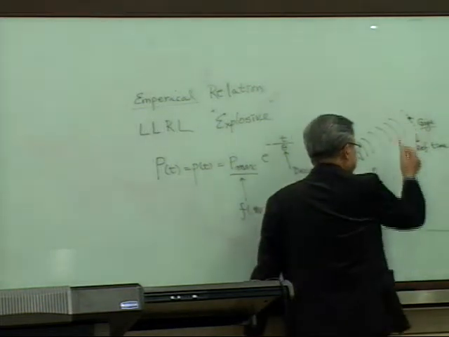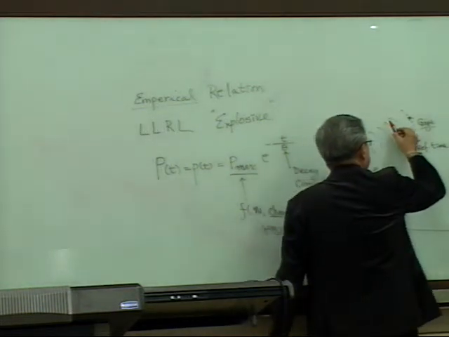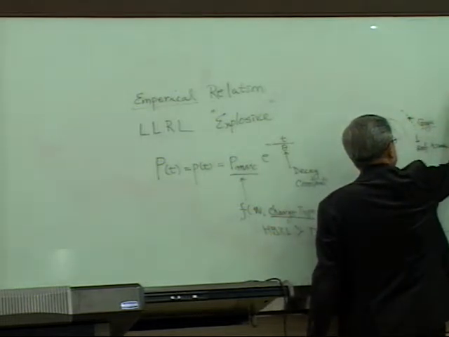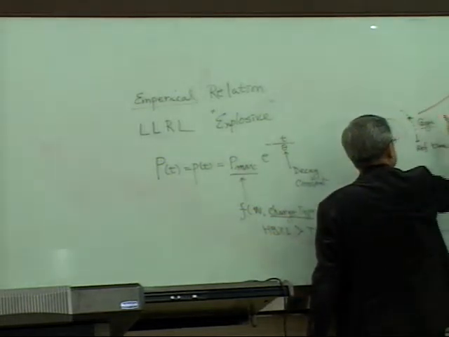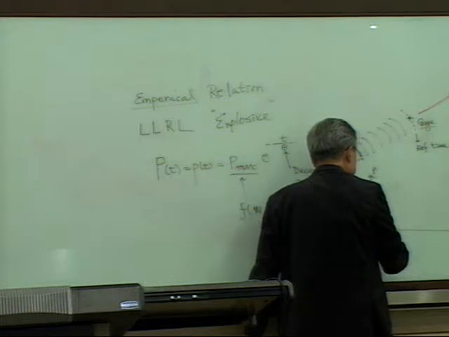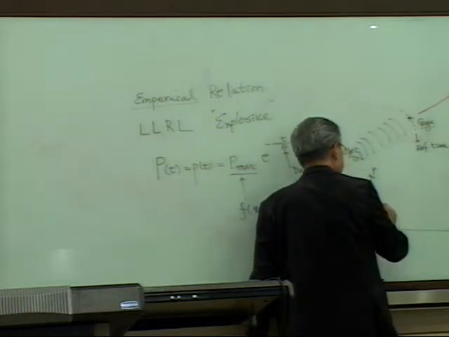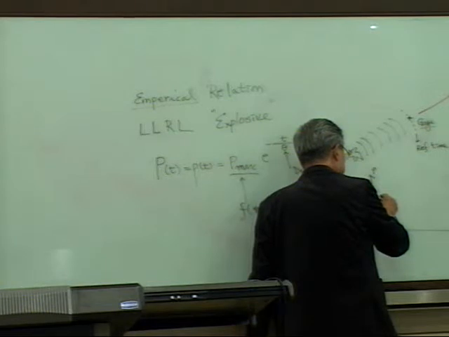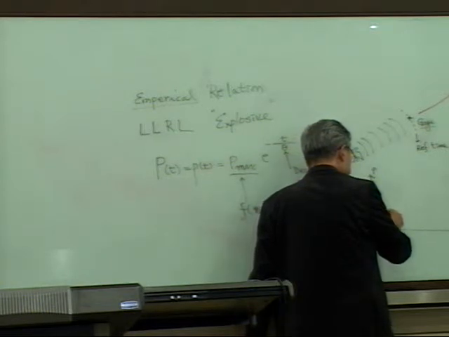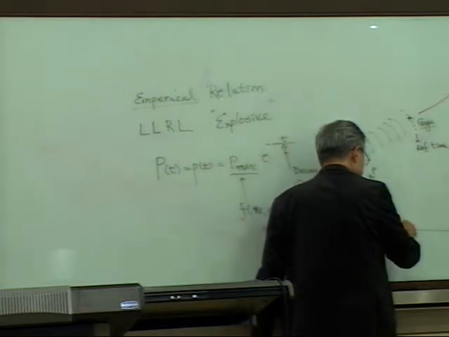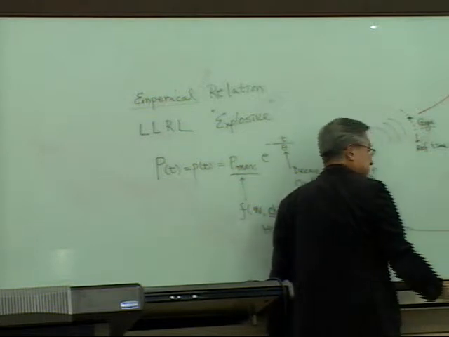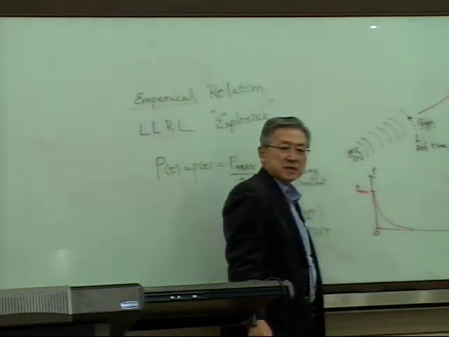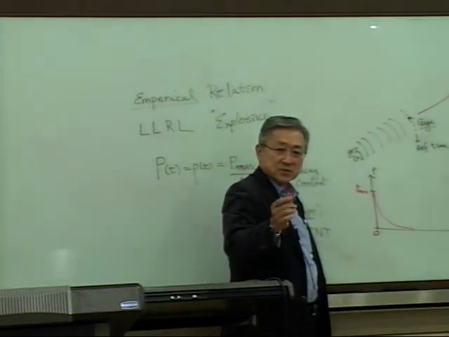Then start counting. The shock wave will come and pass through, right? So at the beginning there's a bang coming up. This is P max. Exponential decay, just like that. It's okay?